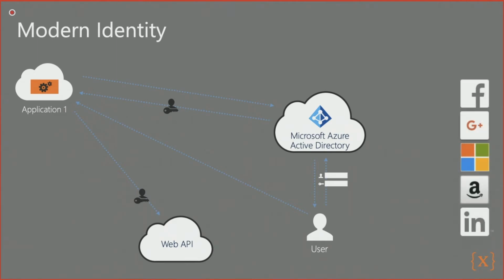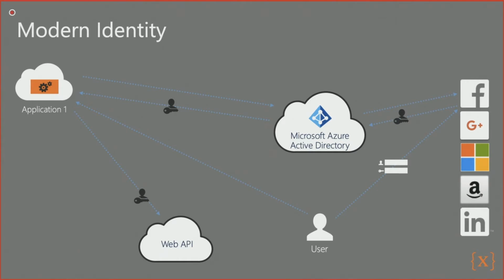Things get a little bit interesting when we want to tweak things and add in social IDP or bring your own identity. So with this, instead of the user signing in to Azure Active Directory, our apps still go through Azure Active Directory, but we redirect the user to one of the social IDPs. So that can be Facebook, Google, Azure AD, Amazon, LinkedIn, a couple of others.